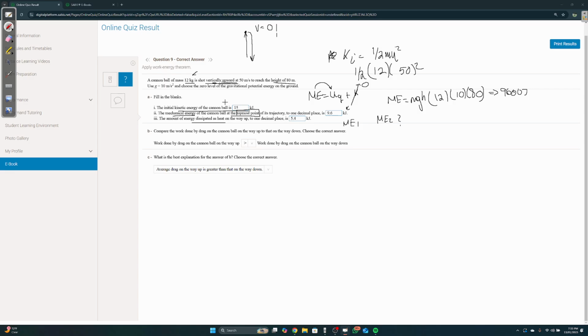At the start, we had 15 kilojoules, with 0 gravitational energy because it was at the ground, the 0 level. Then the mechanical energy was 9.6. So ME1 was 15 and ME2 was 9.6, so it lost 5.4 kilojoules. Very easy, since you have both given to you.